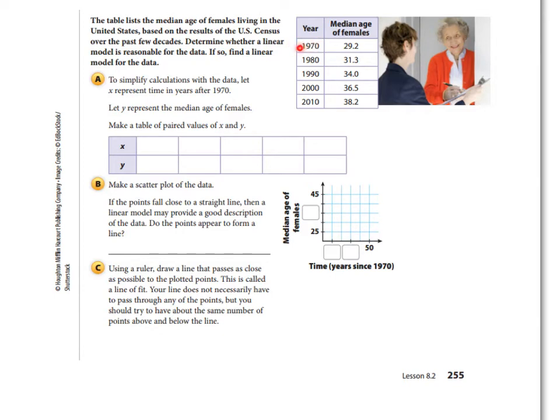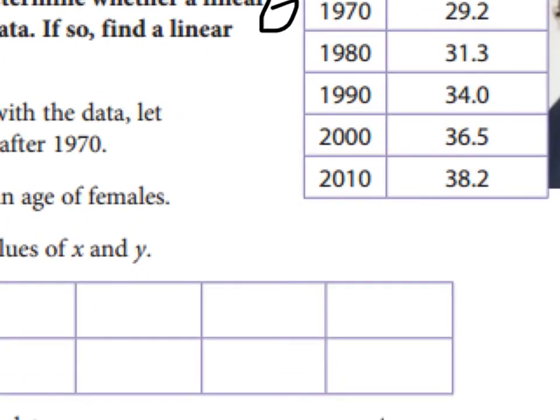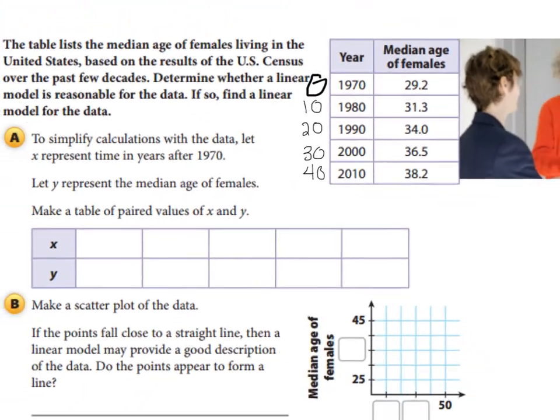Well, if I subtract 1970 by 1970, that's going to be 0. 1980 minus 1970, that's going to turn into 10. 1990 will be 20 years since then. 2000 will be 30. And 2010 will be 40. So these are the numbers we're going to be using in our chart, not the 4-digit ones.